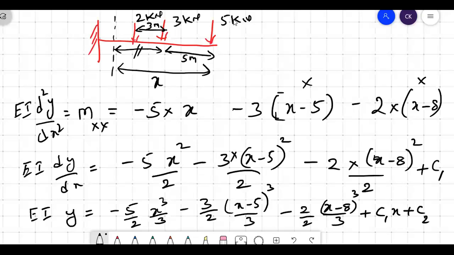So here, the first one is the bending moment equation, the second one is the slope equation, and the third one is the deflection equation.